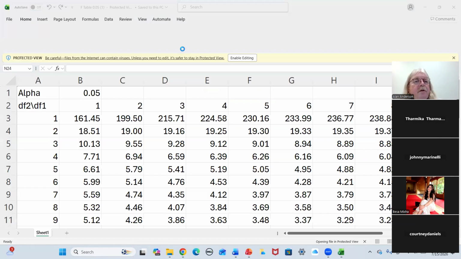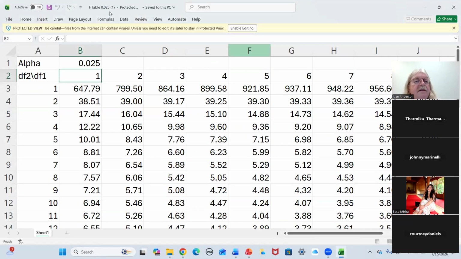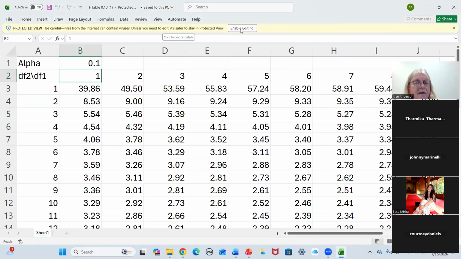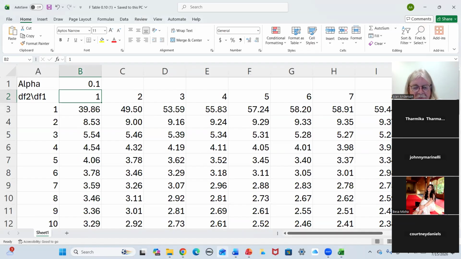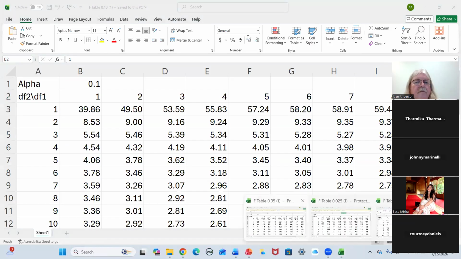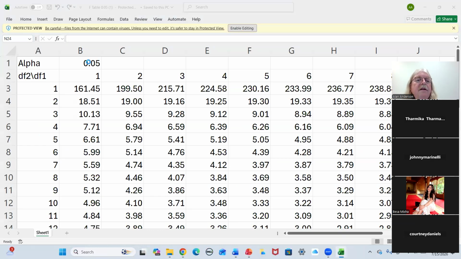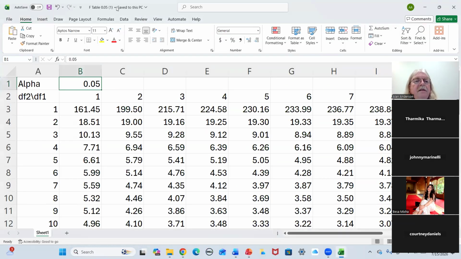So make sure you pick the right one. That's the wrong one because it's F.10. What we want is F.05. This is it. And it says it in the upper left-hand corner too. The title has it, but also it's right here.